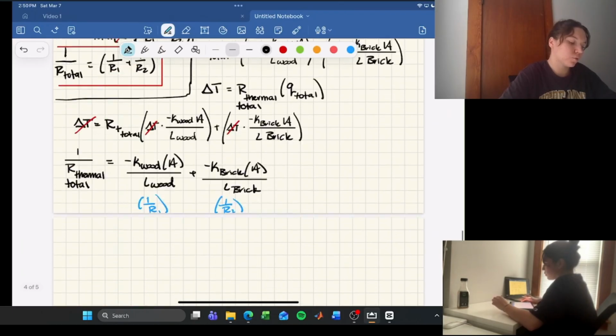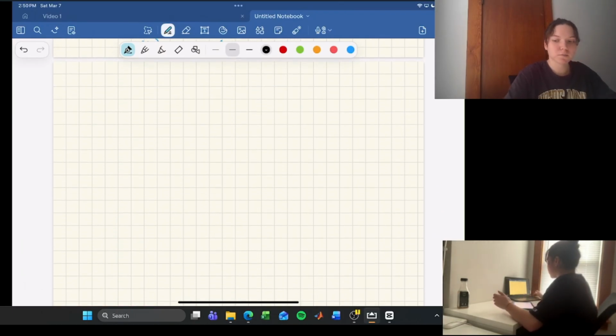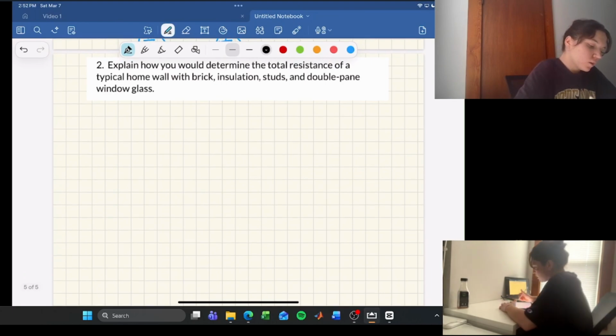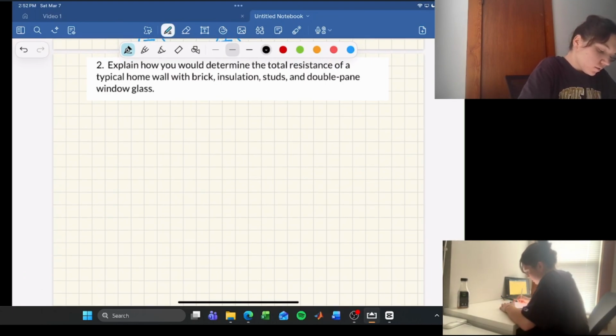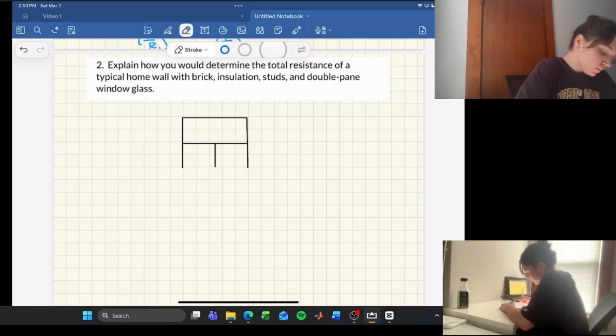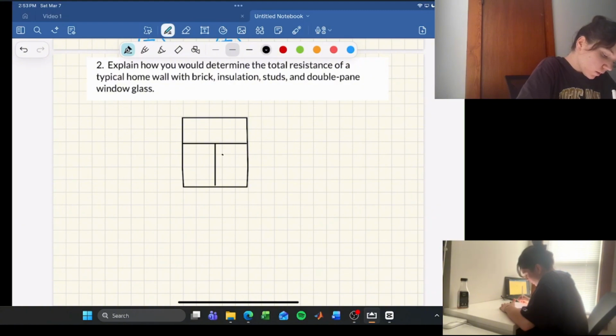So now let's look at an example where we can apply both of these ideas. So let's look at this example. We have a wall. Say it looks like this. And along this wall, we have a window. Let me make this a little bit longer. Okay, so this is going to be glass.